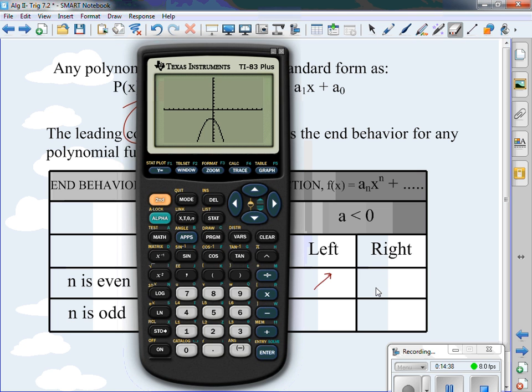Let's change this to a -2. Give me another even number. 6. What's happening to it? Up and down. Regardless of what it is, you have a negative out front, and that exponent is even, it goes up, down.